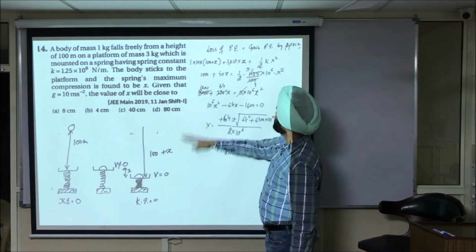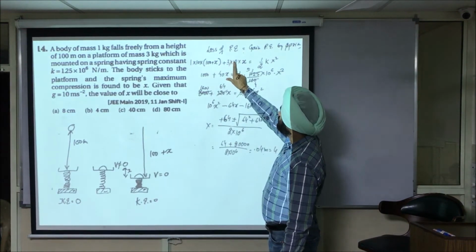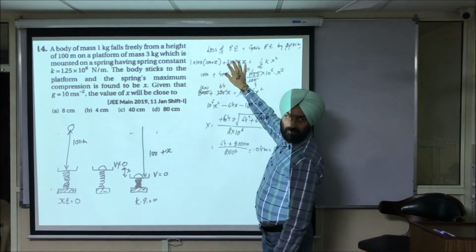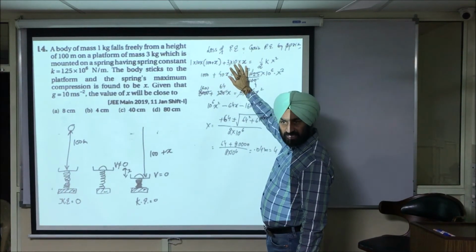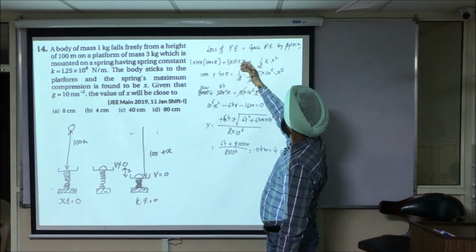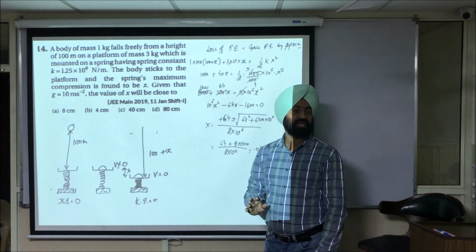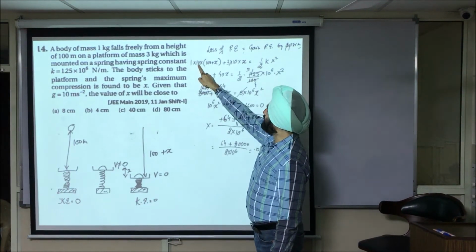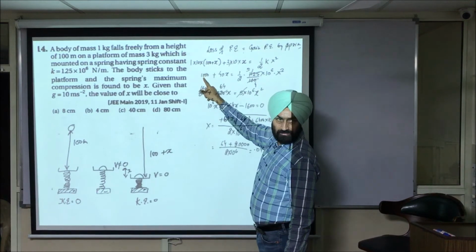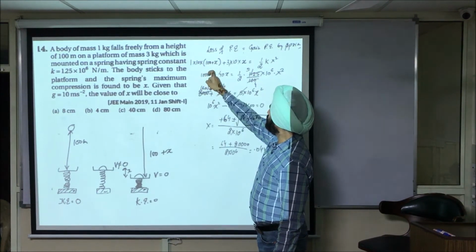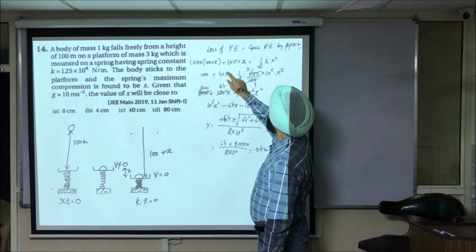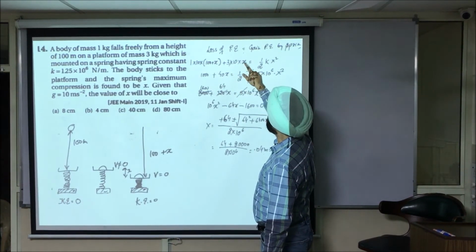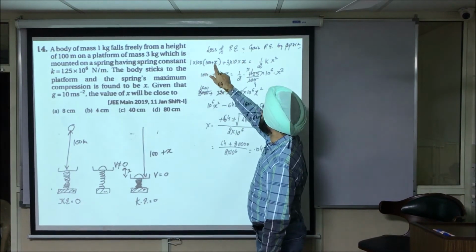Second mass, the platform, 3 kg, g 10, loss of height x only. Total gravitational potential energy lost equals energy stored in the spring, half k x square. Okay, this is 10 into 100, that is 1000, plus 10 into x, here 30x, 30x plus 10x, 40x.